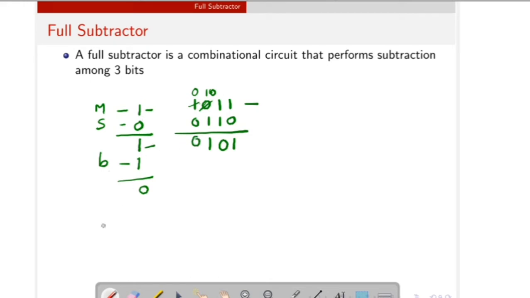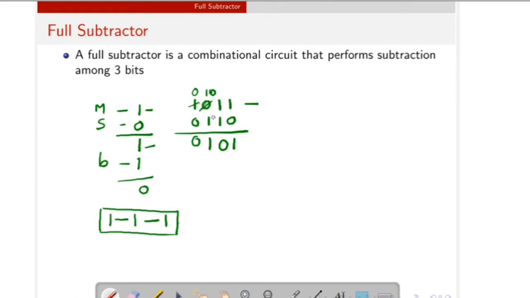Okay, so here we have to subtract 3 bits, that is minuend minus subtrahend minus borrow. Okay, in this case we make use of this full subtractor circuit. That means we have to subtract subtrahend from the minuend, but in that case, suppose there is a borrow that occurs in that column for the preceding bit.